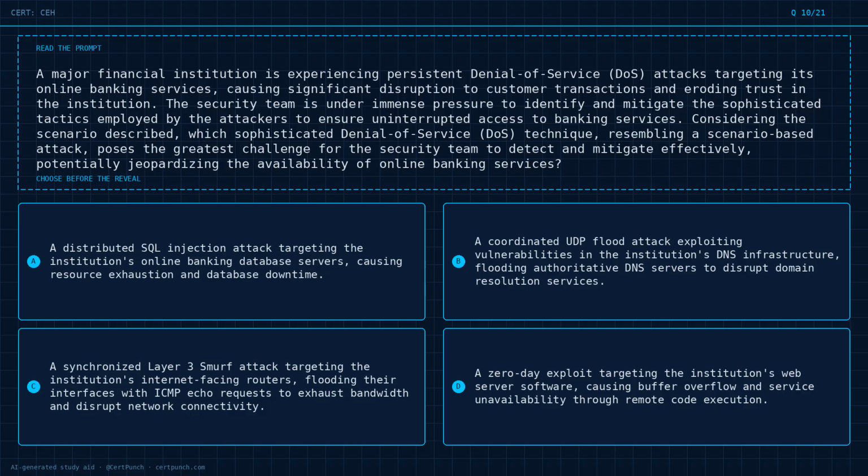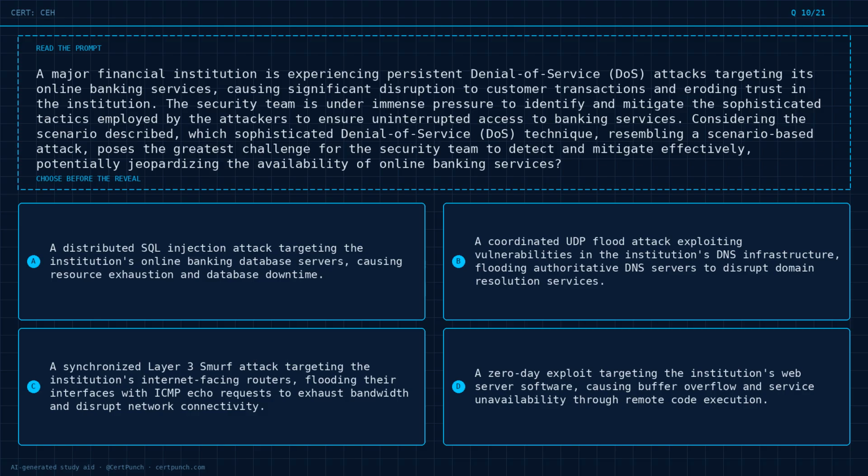Option A. A distributed SQL injection attack targeting the institution's online banking database servers, causing resource exhaustion and database downtime. Option B. A coordinated UDP flood attack exploiting vulnerabilities in the institution's DNS infrastructure, flooding authoritative DNS servers to disrupt domain resolution services.